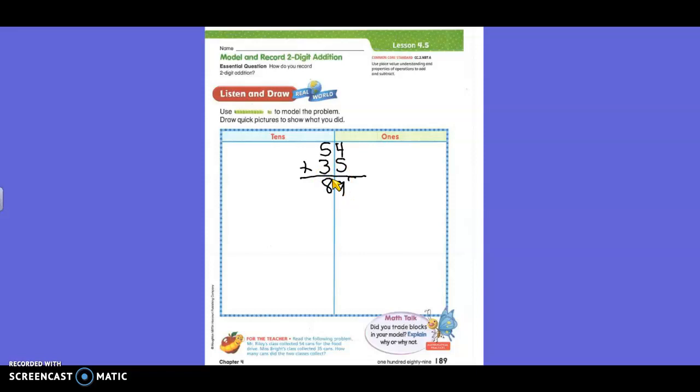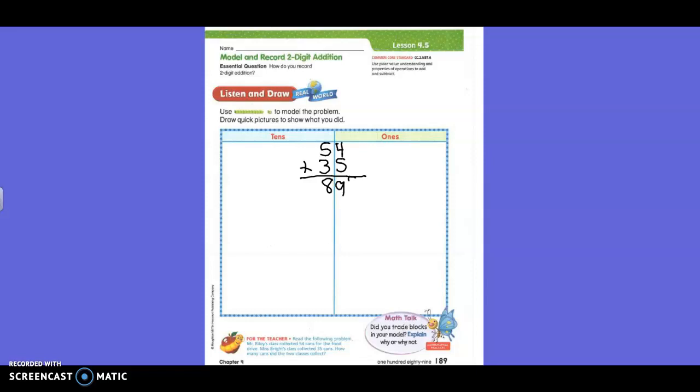89. What is the label for this? 89 what? I know, but what are we talking about? There's 89 what? We said the class was collecting what? No, not counters.